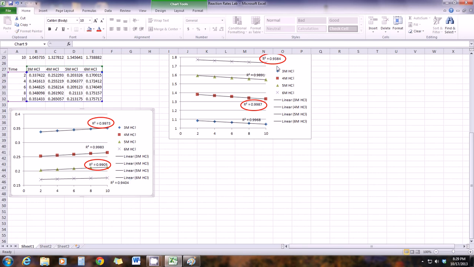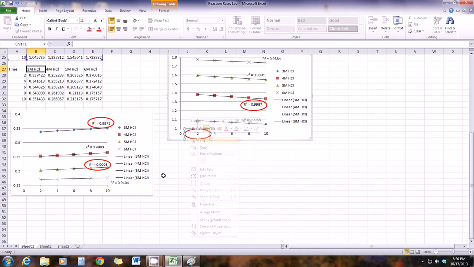No, sorry, for the 6 molar, it's actually... not letting me move this box. That is so weird.